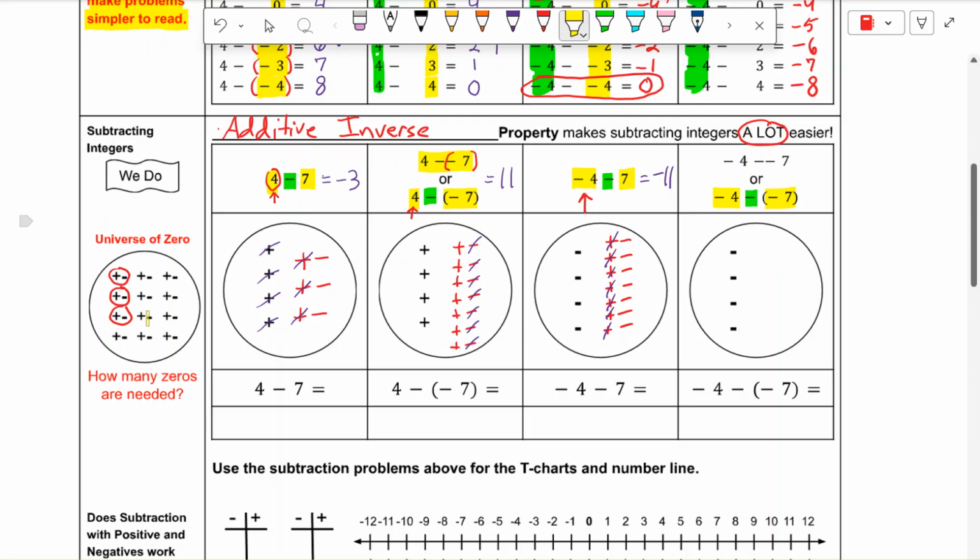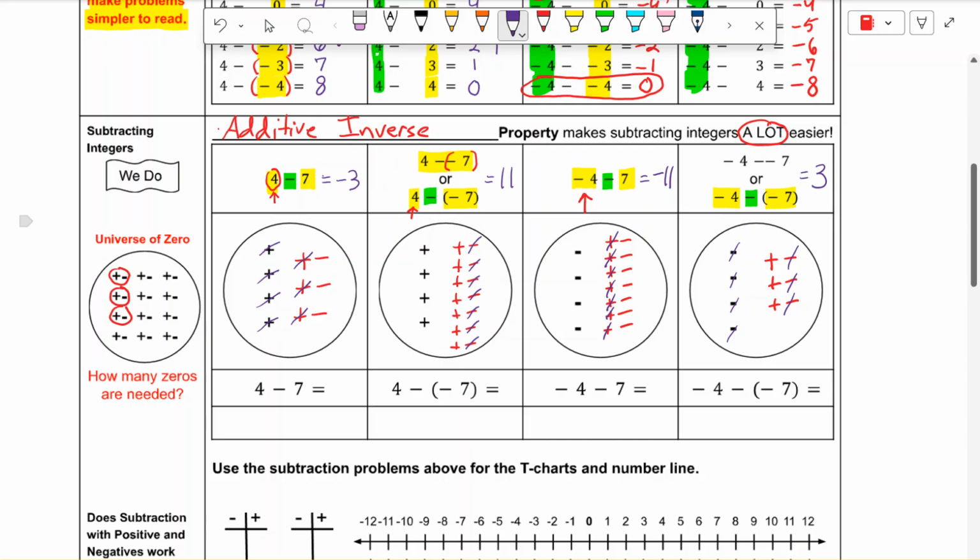So how many zeros do you think we ought to add? I hope you are thinking 3. Okay, now there are 7 negatives inside there to take away. So we'll take away 7 negatives. 1, 2, 3, 4, 5, 6, 7. And there are 3 positives left over. So the answer is positive 3.